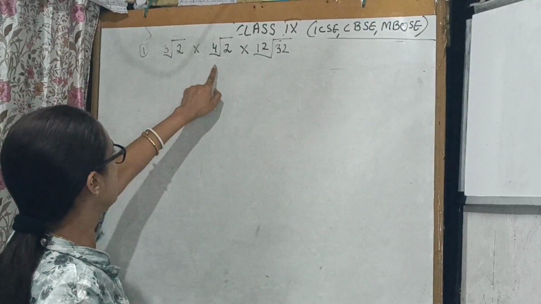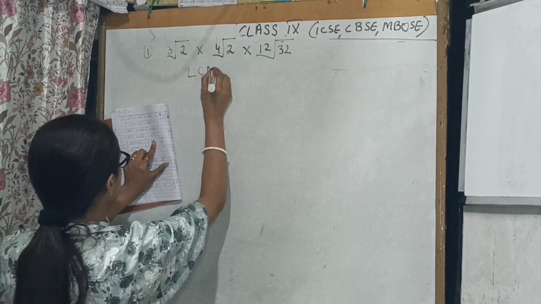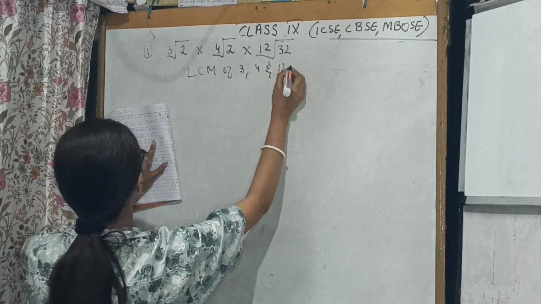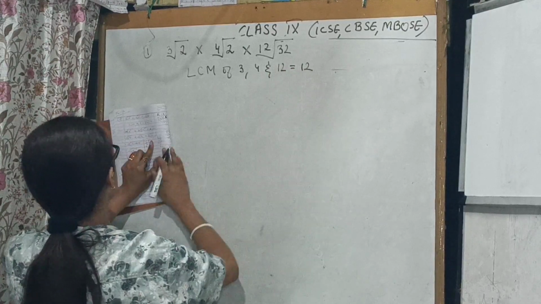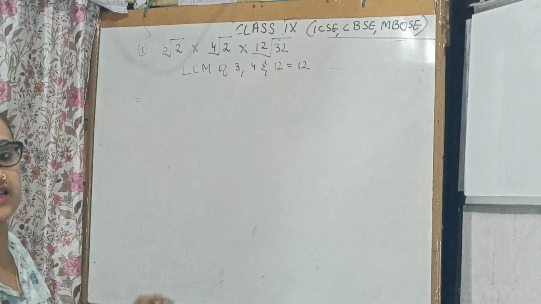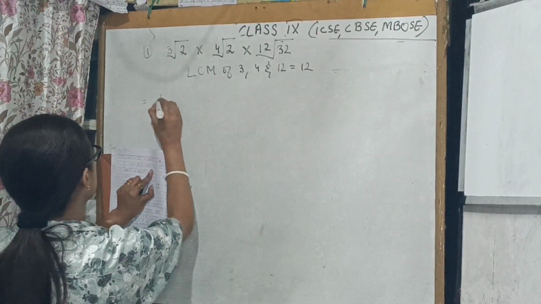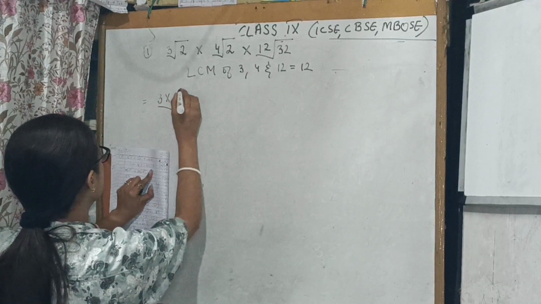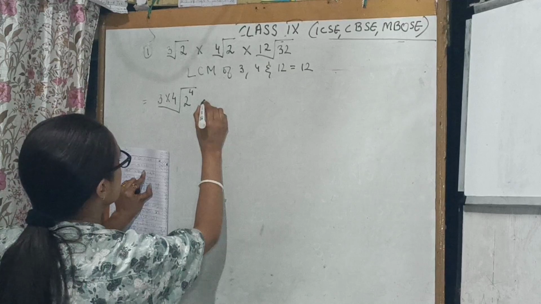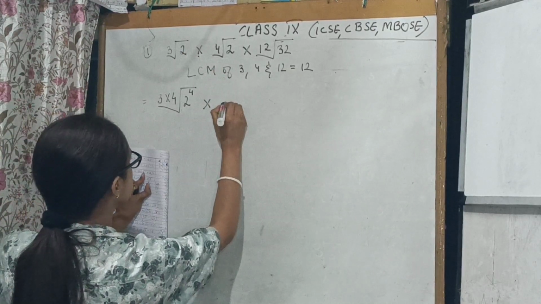Third root, fourth root and the 12th root. So take LCM. LCM of 3, 4 and 12 will give you 12. Remember the arranging in ascending order, the same way you are going to do here. 3 into what will give you 12? 3, 4. 4 चिपकाओ. Sign is multiplication, don't put plus sign here.